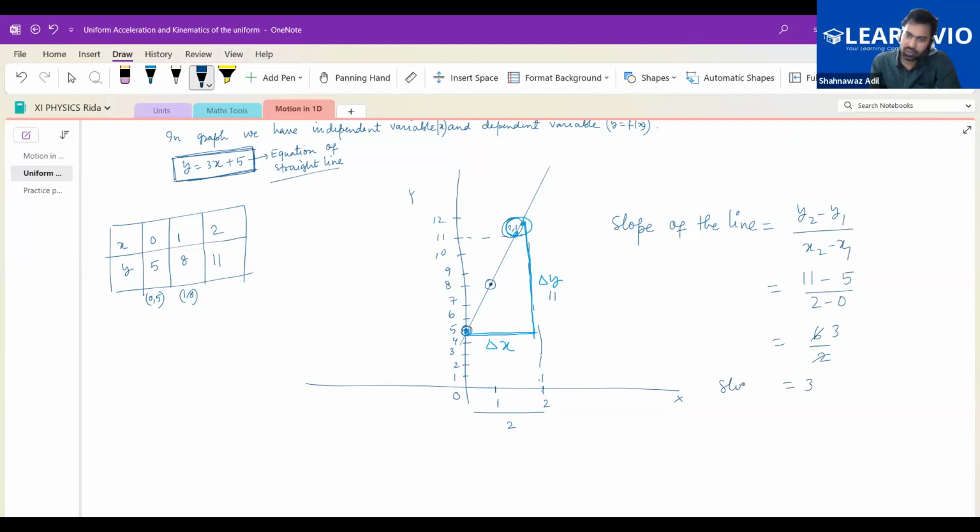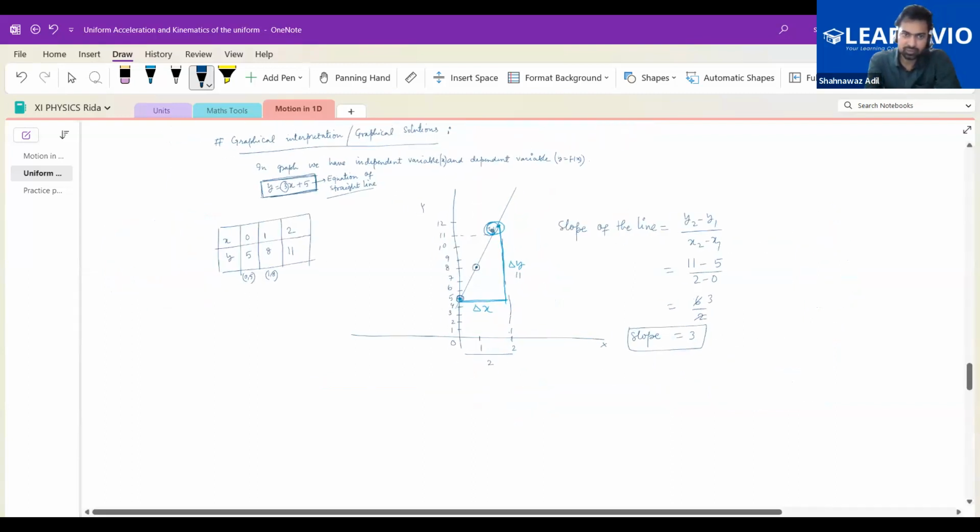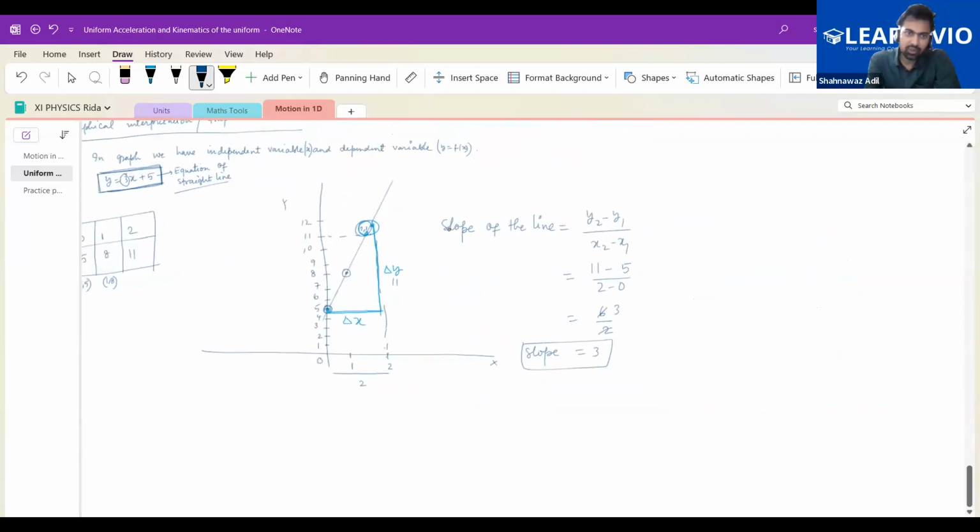So slope is 3. And we can see that this x coefficient is the slope. So this is how we calculate the slope. Is it clear? So the important thing that we have to remember is the slope of the straight line. Whenever we have a straight line, this thing is very important.